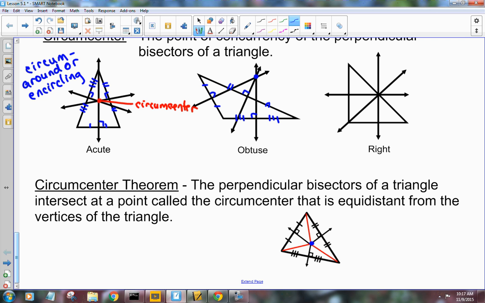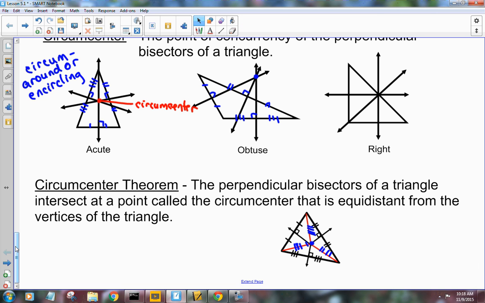We learned that up above. That point also has another relationship in the triangle, and it is that it is equidistant from each of the vertices of the triangle. Okay?